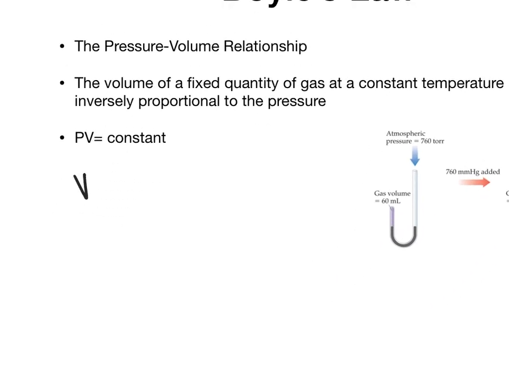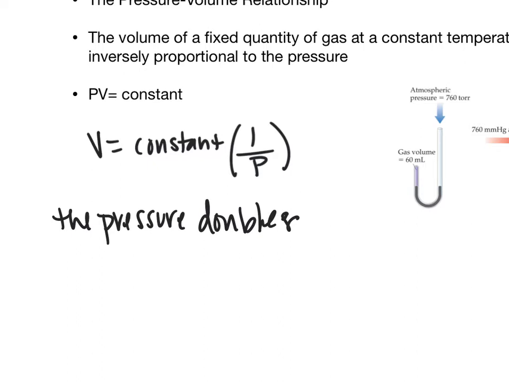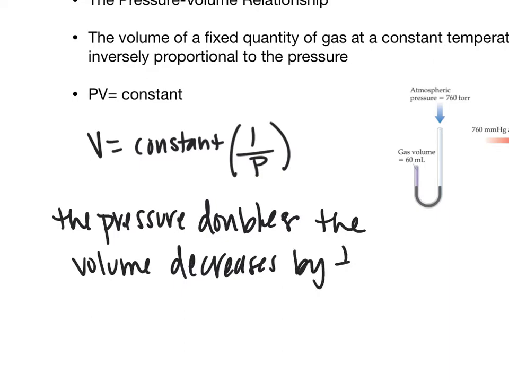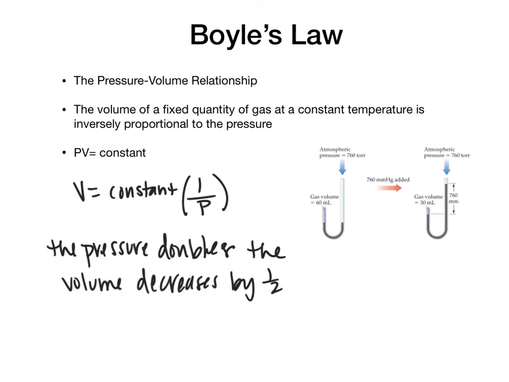That means that the volume is equal to a constant times 1 over P. So if the pressure doubles, the volume decreases by half. So we can think about the fact that the pressure times the volume equals a constant.